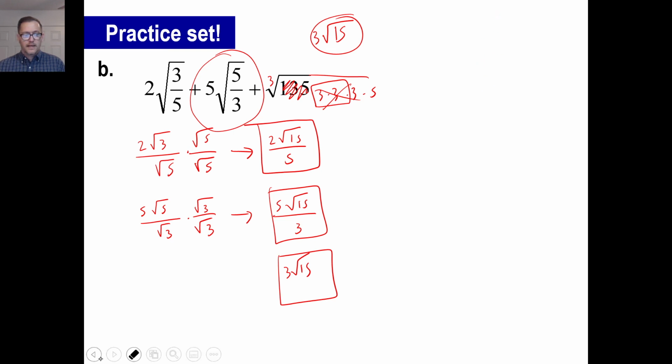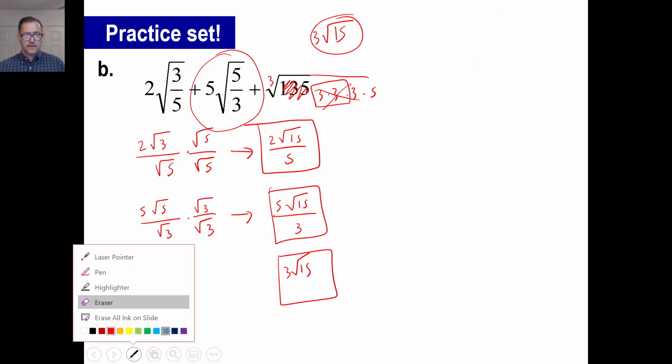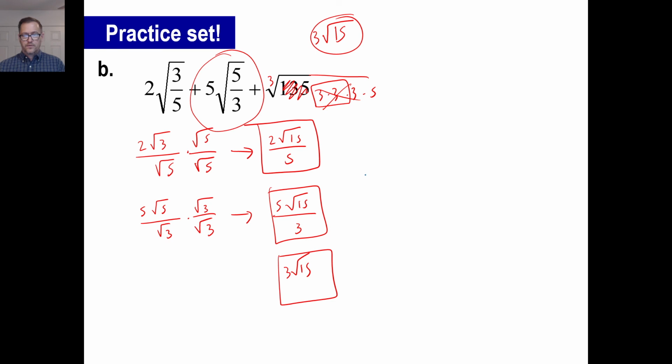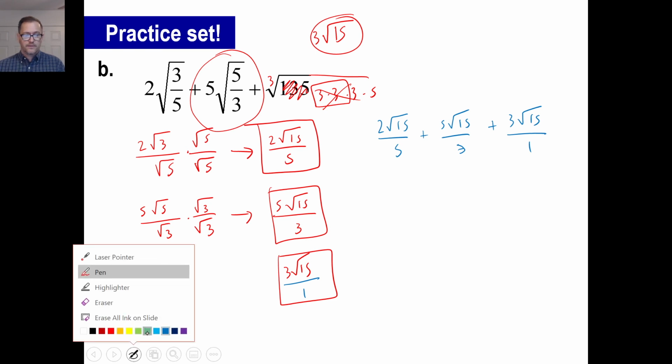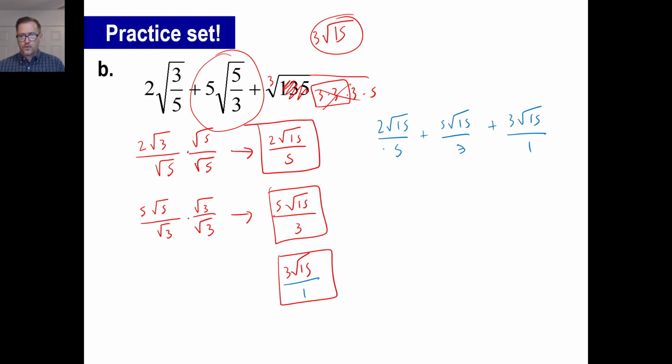And the very last thing we'll do is add these all together. So we'll put this over 1, and we have 2 square root of 15 over 5, plus 5 square root of 15 over 3, plus 3 square root of 15 over 1. And common denominator, we're going to have to figure that out. That's going to be 15, of course. So times 3, times 5, times 15.